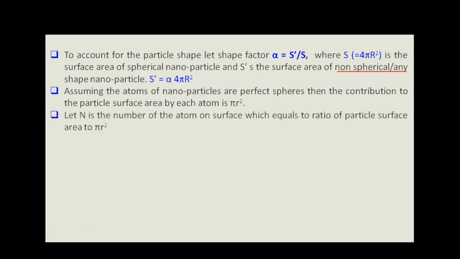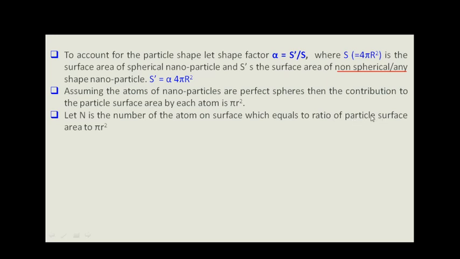Let us say we have n number of atoms on the surface. Again coming to the tagline that the available number of atoms on the surface is more, and therefore I am saying that n is the number of atoms on the surface, which is equal to the ratio of the surface area to the pi r square. So what exactly am I doing? The particle surface area is divided by the atomic area, or the area consumed by an atom.